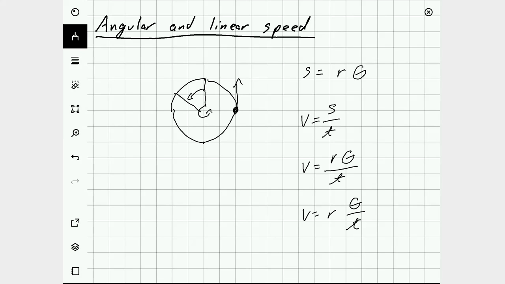And I'm going to separate out this theta divided by t, the change in angle divided by the change in time. And what I'm going to do is simply name that quantity. The thing is called the angular speed, and the character that we usually use for angular speed is the Greek letter lowercase omega.